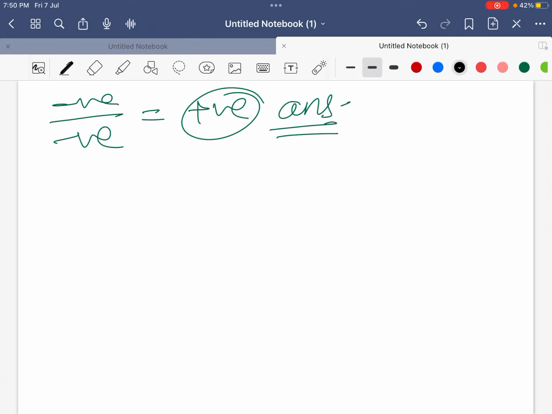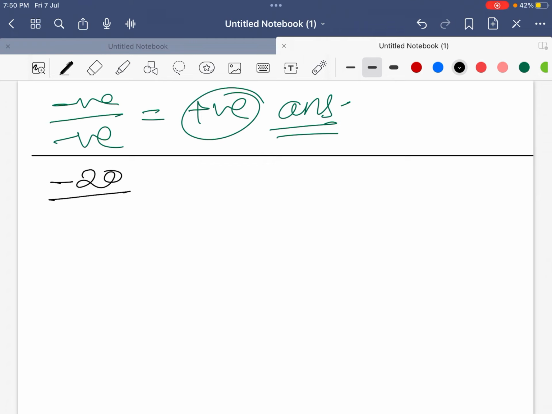So let's see how. Now just write down a few examples. Suppose minus 20 divided by minus 10. In this case the first term is negative, the second term is also negative. So what happens in this case?